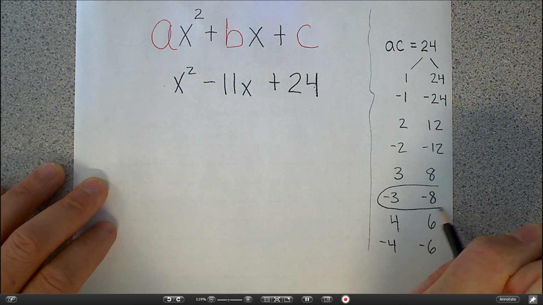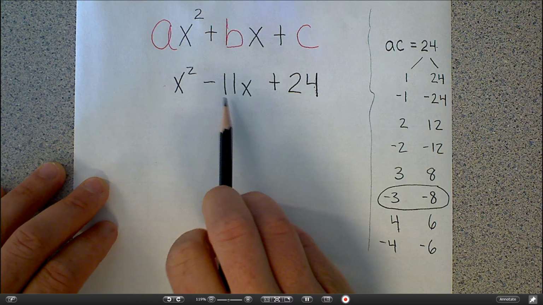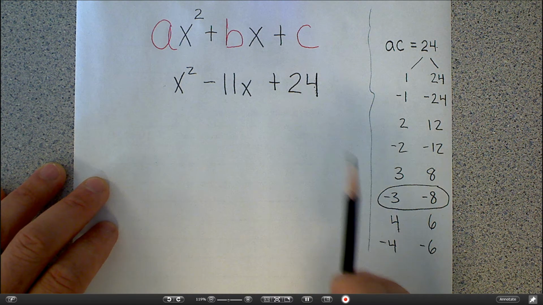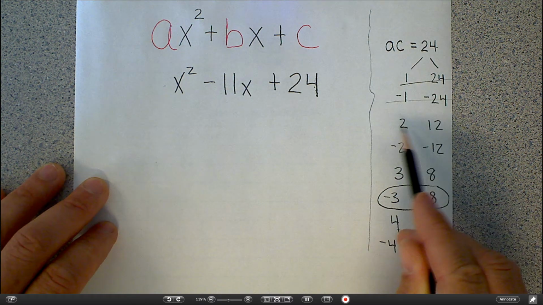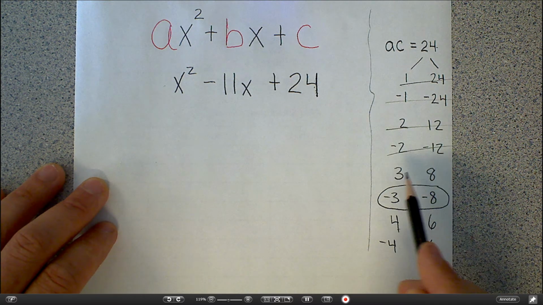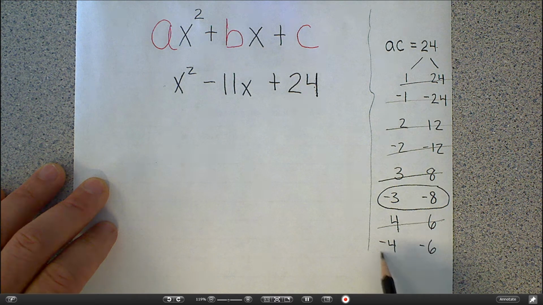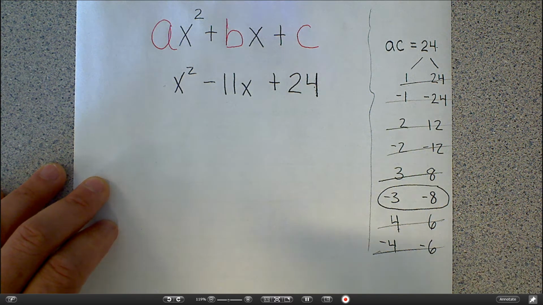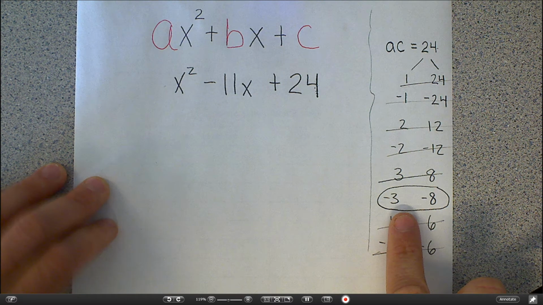Because negative 3 and negative 8 not only multiply to 24, but they also add to negative 11. The rest of these factors, 1 and 24 make 25, negative 25, 14, negative 14, positive 11, no good, positive 10, negative 10. None of these other factors add to negative 11. So that's our lucky pair.